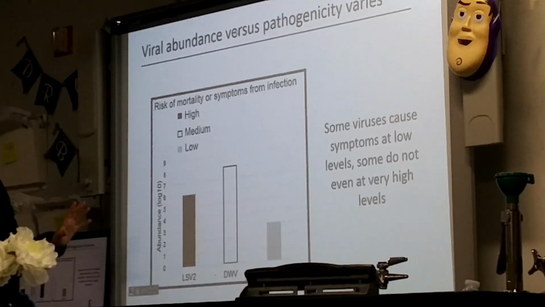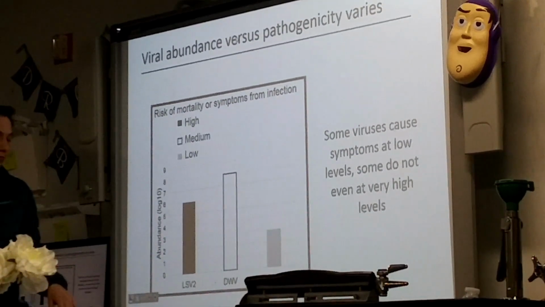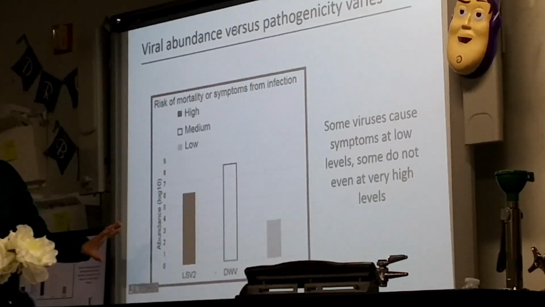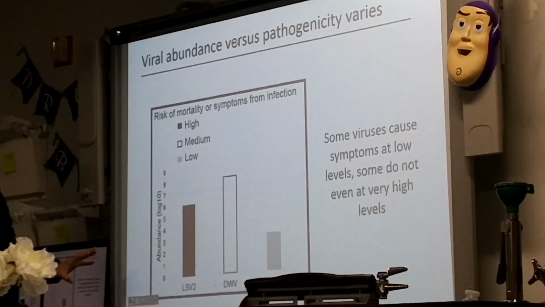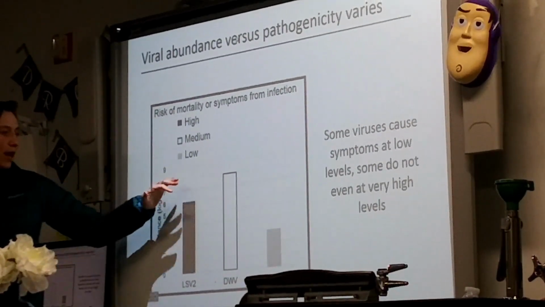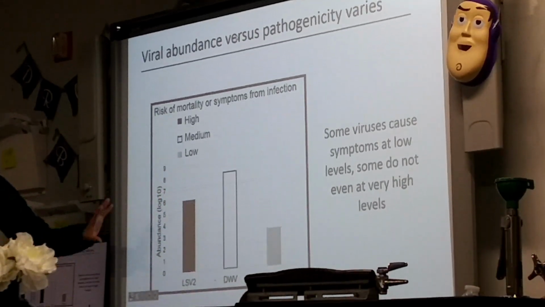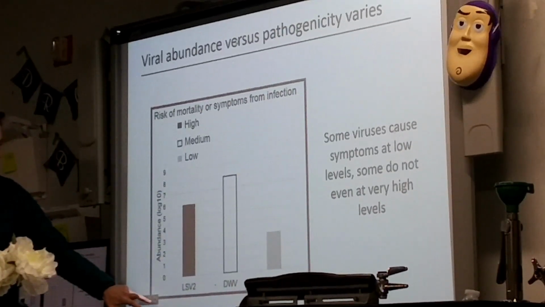So this is just to say, some viruses are more deadly than others, which hopefully is intuitive. We don't all know all the details about that. But this is a place where knowing which viruses are inside your colony could be very helpful. Because if, let's say, you have high levels of a certain virus that's going to show symptoms, you may be able to counteract that, whereas others you can ignore and not worry about as much.